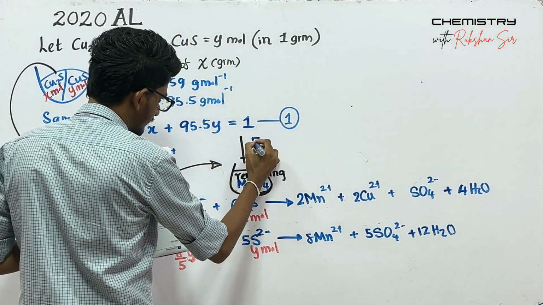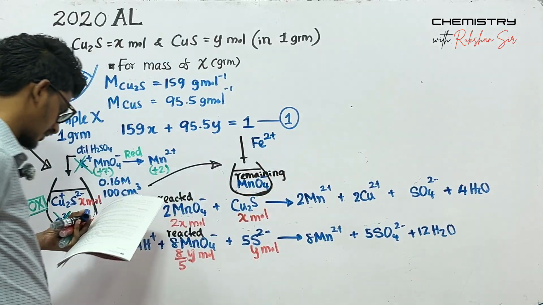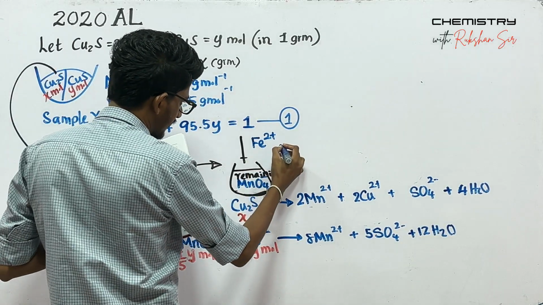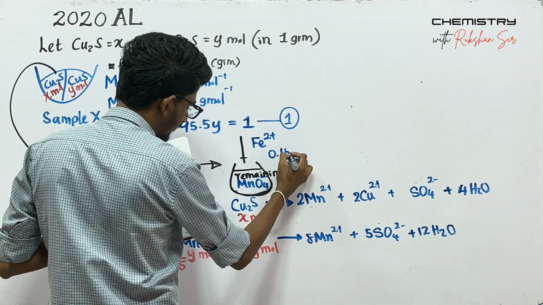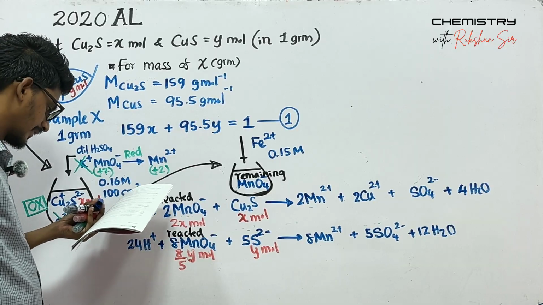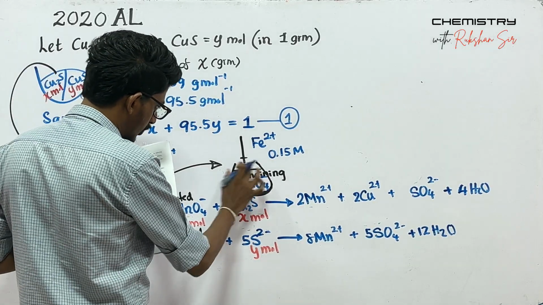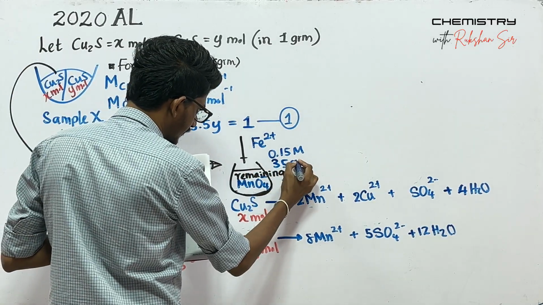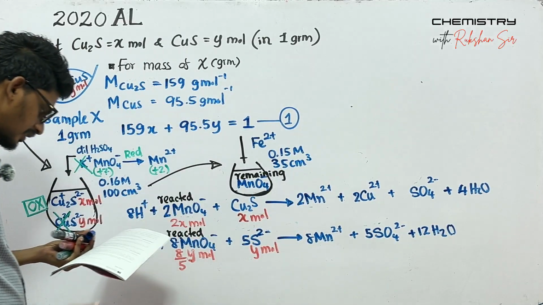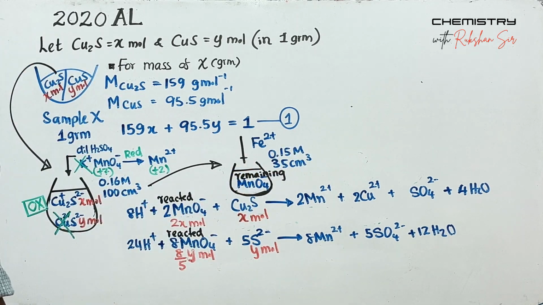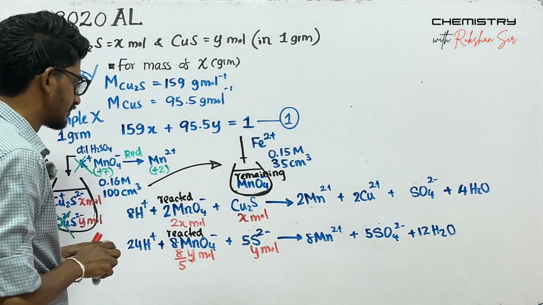Its concentration is 0.15, and the volume consumed to totally consume the remaining MnO4 minus is actually given as 35. So that is our next data point, our second data point.